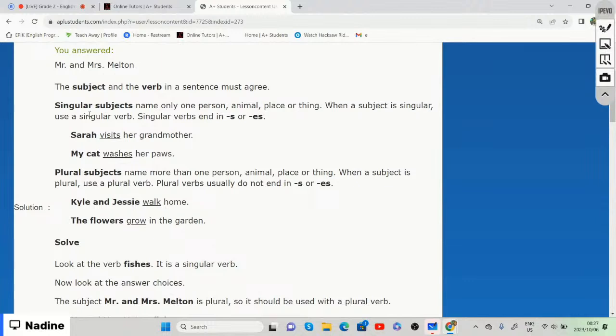And now once again, we have a singular subject. So with singular subjects, it only refers to one person, animal, place, or thing. And when the subject is singular, we end the verb with s or es.